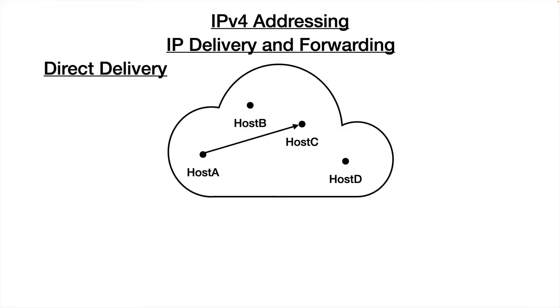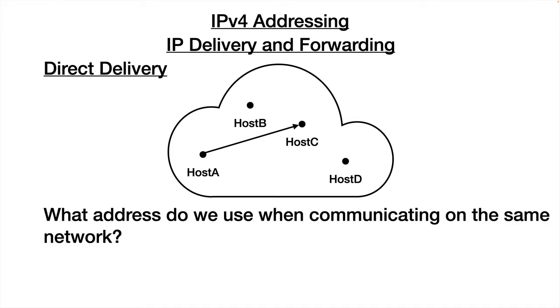So we'll first look at direct delivery. We have a cloud here, and host A wants to send an IP packet to host C. In class, I'd ask my students, what address do we use when communicating on the same network? This is one of those questions I harp on, and the correct answer, of course, is the MAC address.